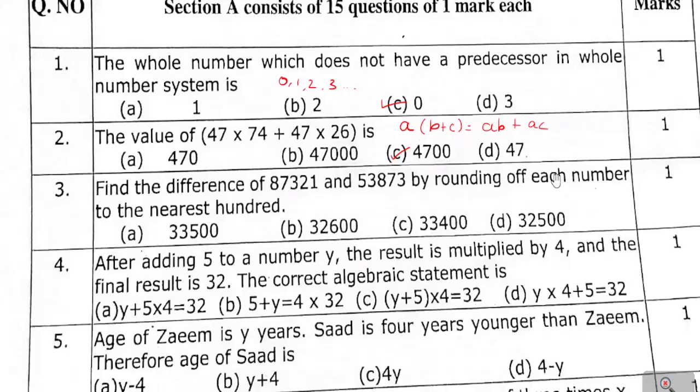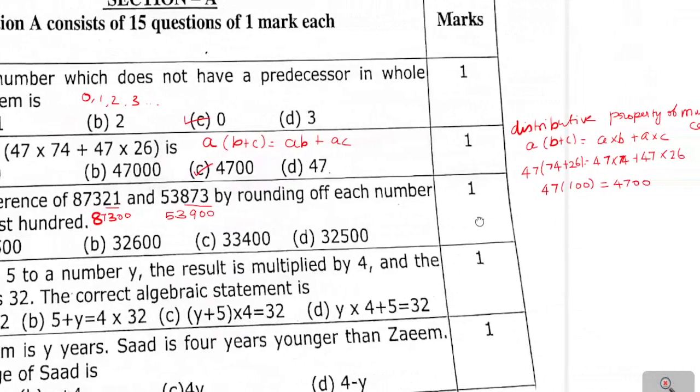So when we round, this can be written as 87,300 because it is near to 300. And this number, 53,900 because it is near to 900. After that we can do the subtraction because the question asks for the difference.